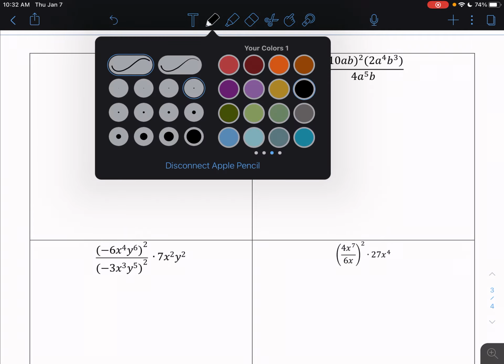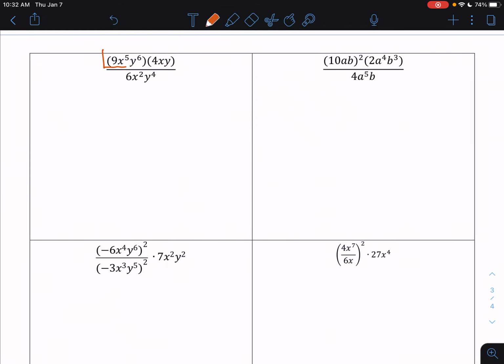So let's look at our first one here. Just focus on the top. So there's no power rule here, right? We're not taking anything to a power. We're not taking anything in parentheses to another power. We're just multiplying these. So let's just multiply them. So we would have 9 times 4. Those are our coefficients. Remember, you start with those.